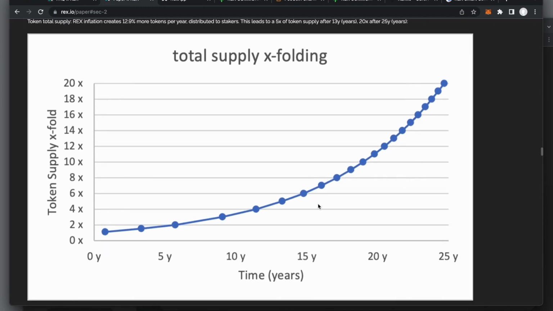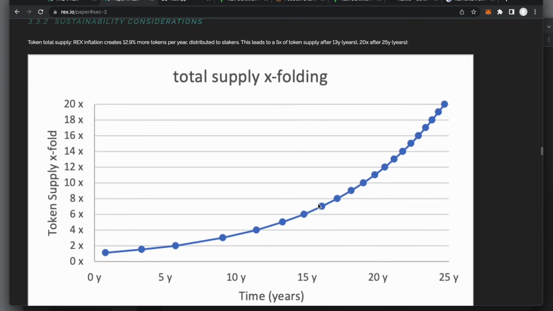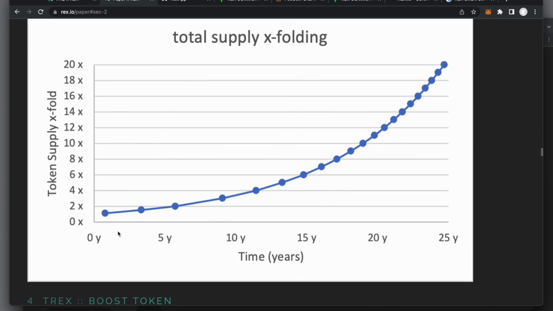So just the supply multiplying, as that's due to the normal inflation rate of 12.9, not APR, but inflation rate. You can look at this graph. Very good. That is reasonable. So just due to the inflation alone, there'll be 20 times more tokens in 25 years.